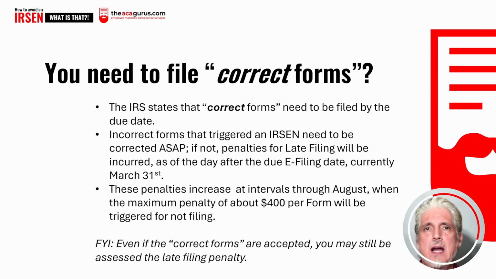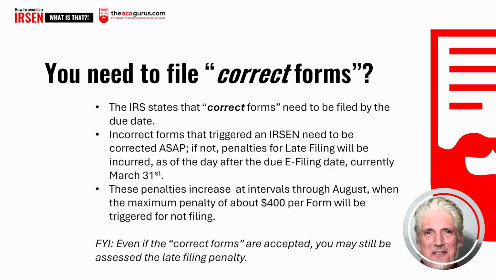So this is because the ACA guidelines, the IRS guidelines, say that you need to report correct forms. Okay, so if you don't submit correct forms and you get an IRSEN, you need to correct it. Otherwise, even if you filed a form, it will not be considered corrected, and you'll start to be penalized based on being late because you haven't yet filed a correct form.